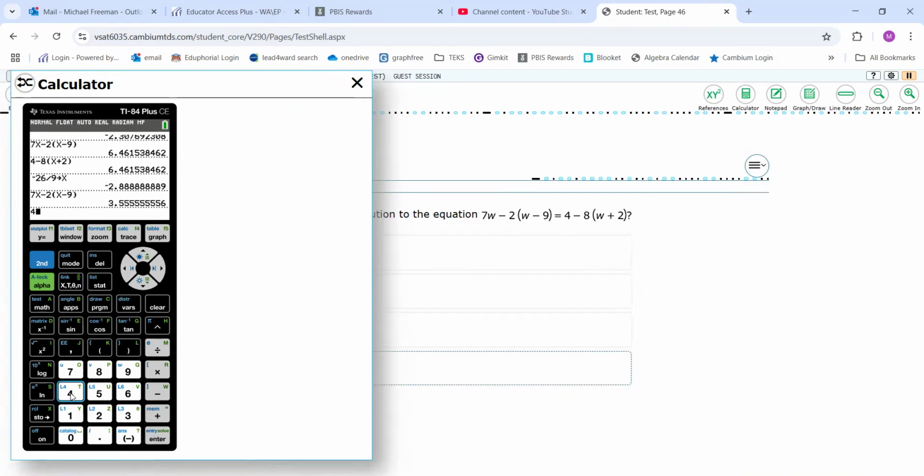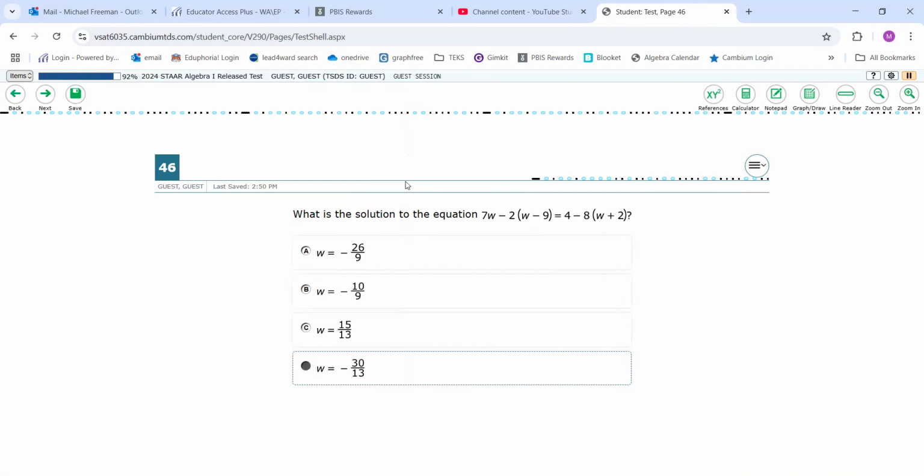But when I type in the other side, 4 minus 8 parenthesis X plus 2, they're not the same number because this was not our solution. It does not make both sides equal, right? So worst comes to worst, we can definitely solve it: distribute, combine like terms, isolate my variable, or I can just store these values for X and substitute them in and see which number makes both sides the same number.